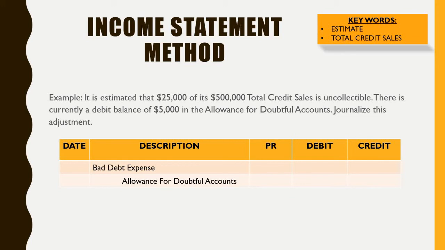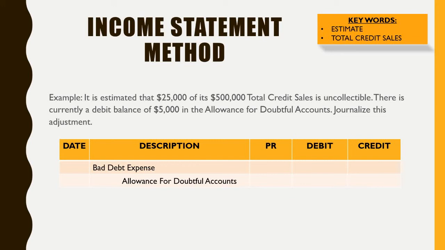Number one is the estimated amount. And then number two is the words total credit sales. Okay? Therefore, when we recognize this, because we don't physically see the allowance for doubtful accounts appear on the income statement, we don't care about it. Okay? We don't care about it.